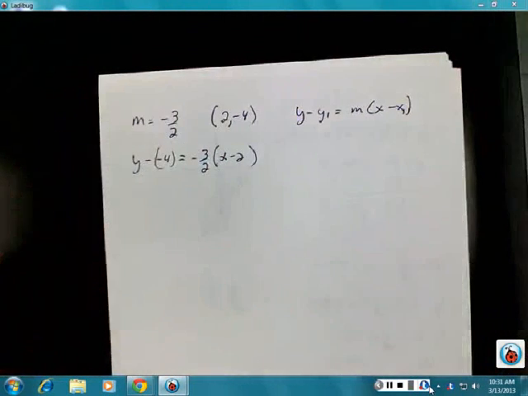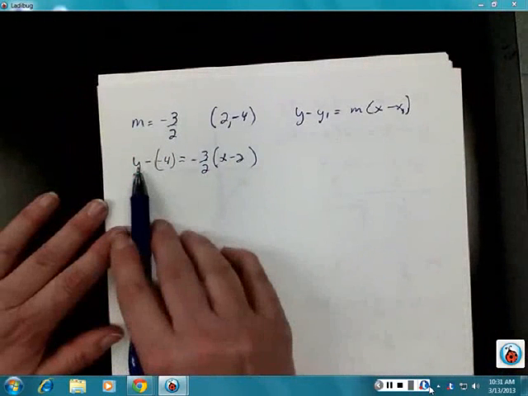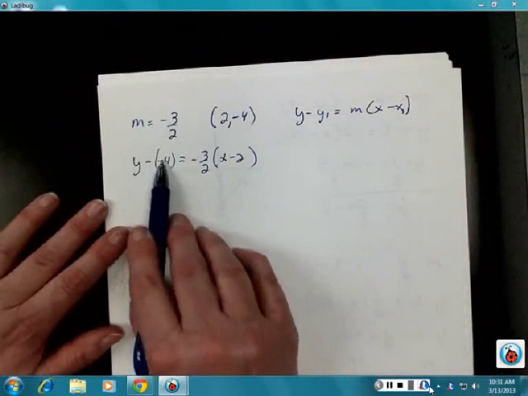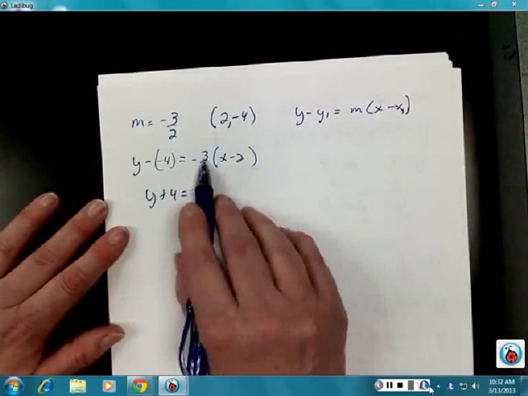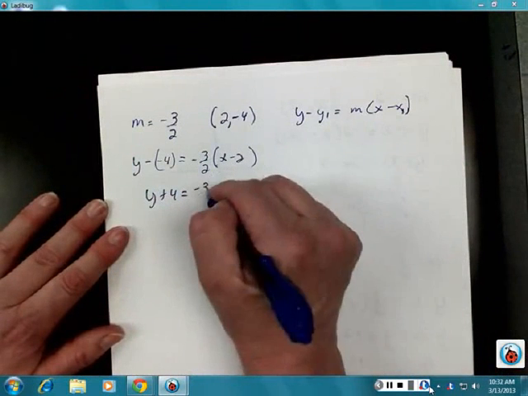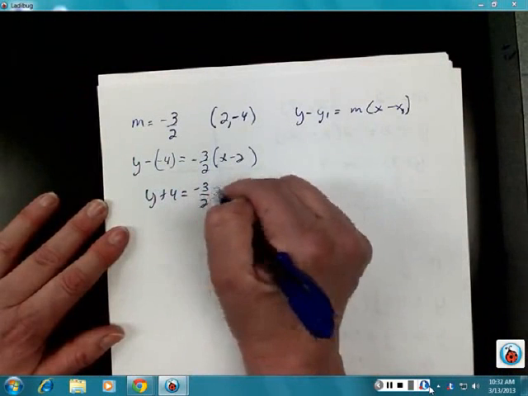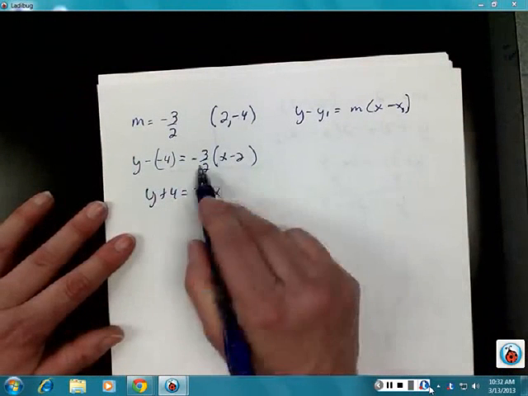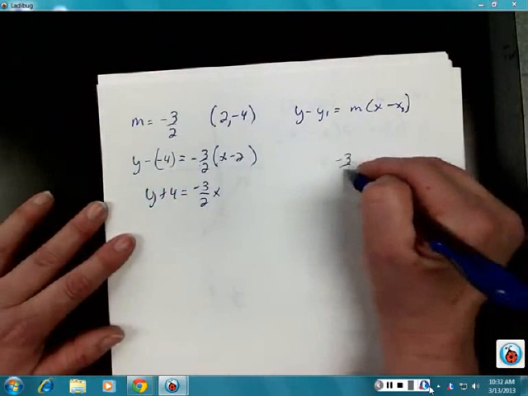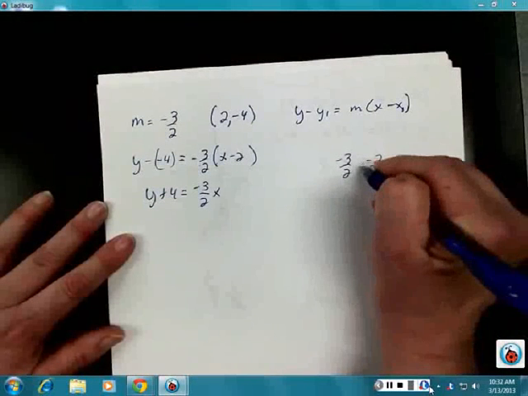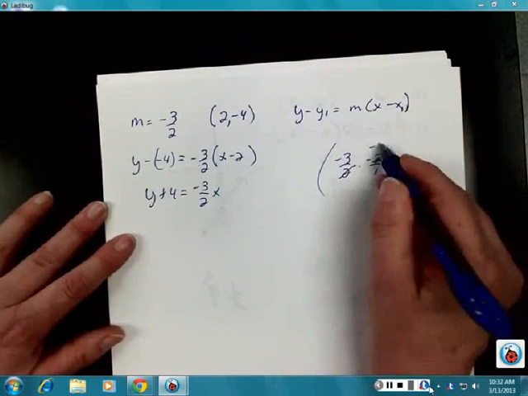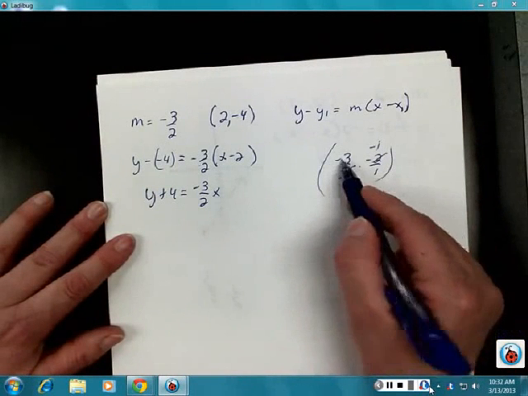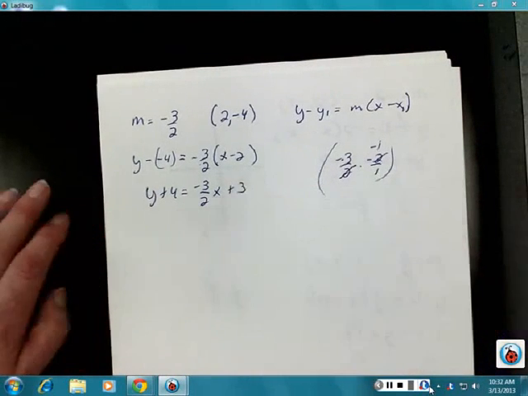Okay? So y minus a negative gives me a plus. Negative 3/2 times x is a negative 3/2 x. Negative 3/2 times 2. When I cancel the 2 and the 2, negative 1 times a negative 3 is really a positive 3.